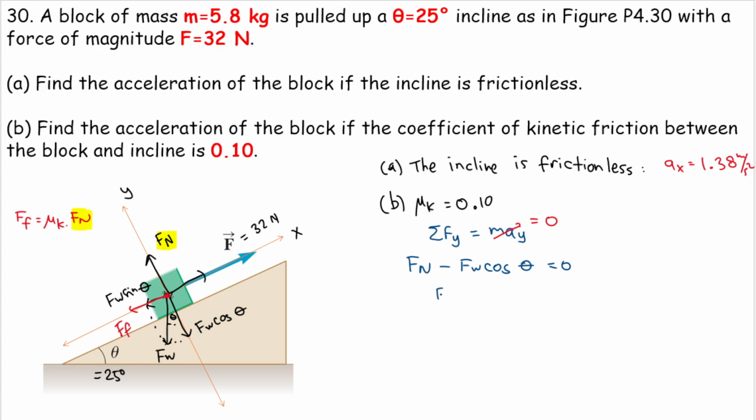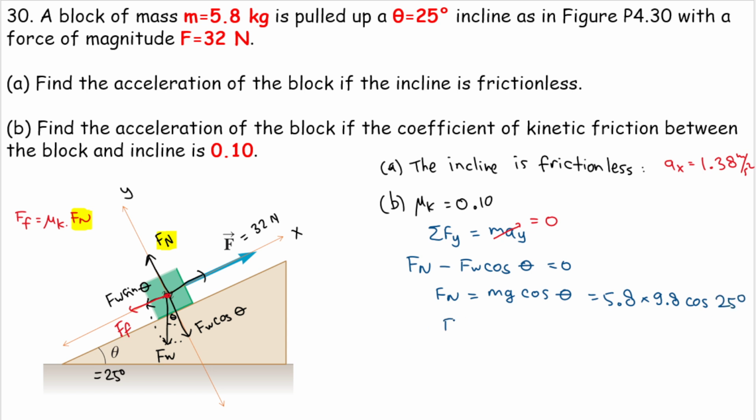And we can isolate Fn here. Fw is just mg, multiplied by cosine of θ. We know all the values, right? The mass is 5.8, g is 9.8, and then cosine of θ, where θ is 25 degrees.